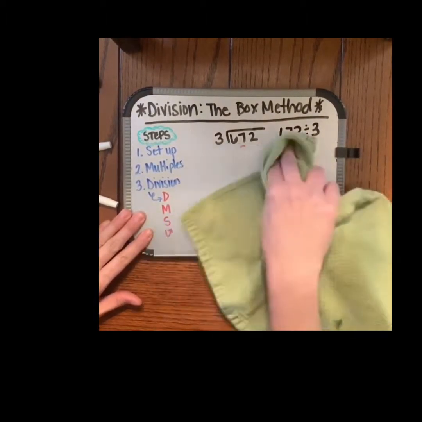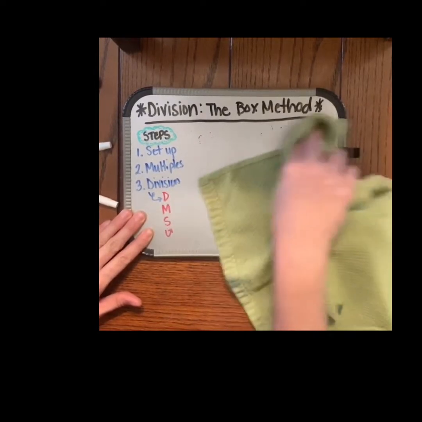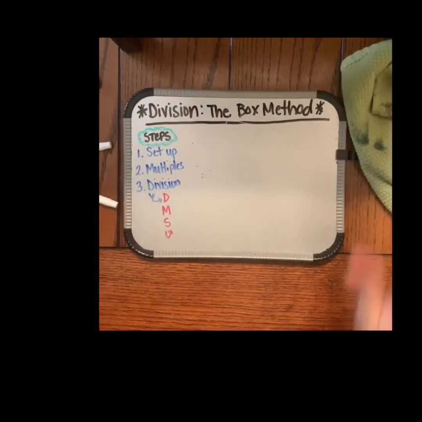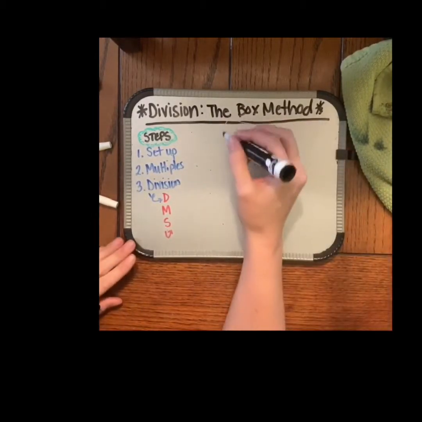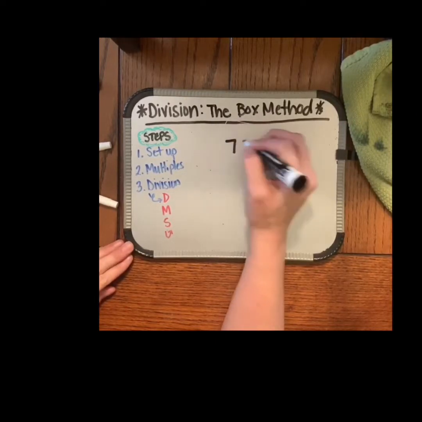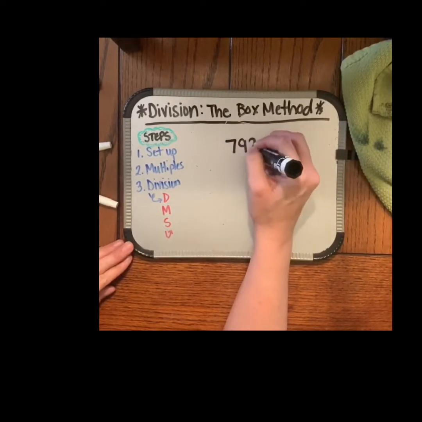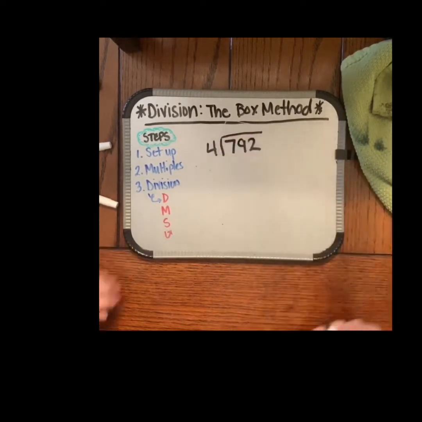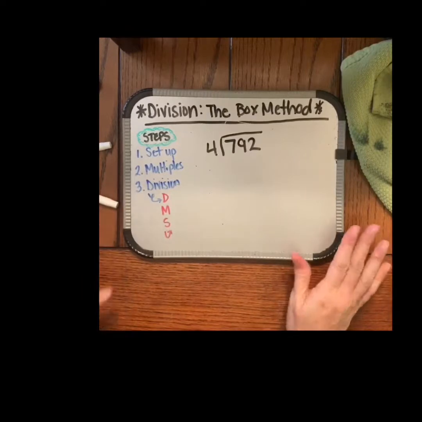Okay. What we're going to do is go through one more problem. I would like you to do the whole thing on your own, and then you can check it with us, okay? All right, so let's take 792, and we're going to divide that by 4. You're going to do the whole thing on your own.